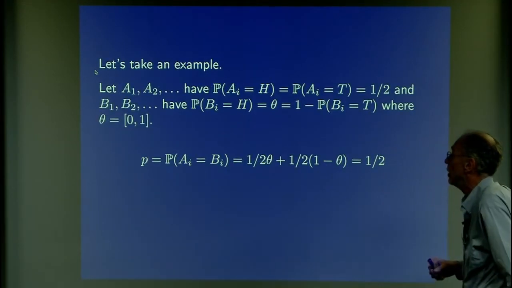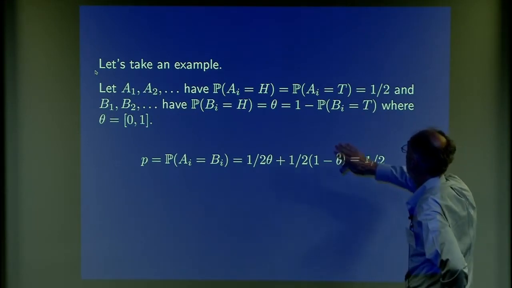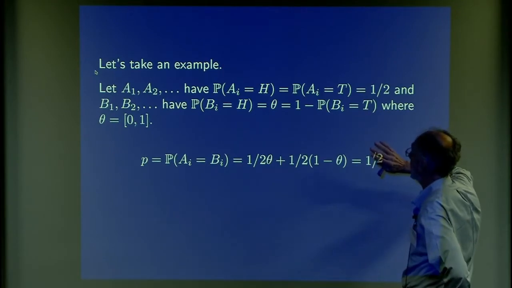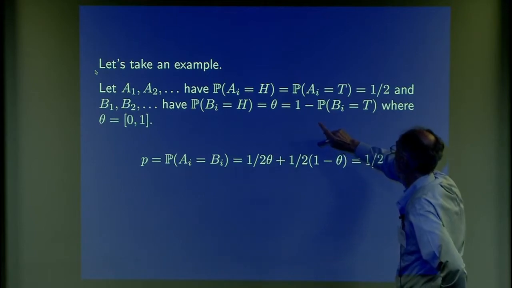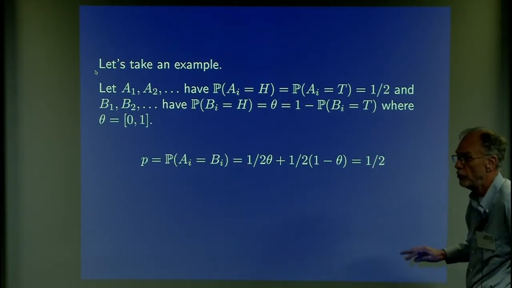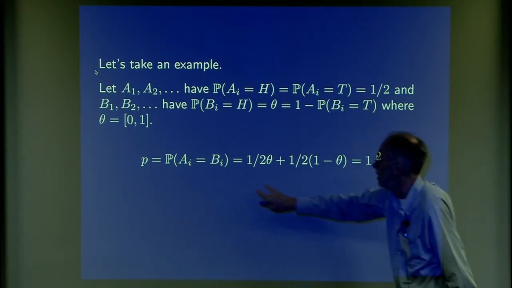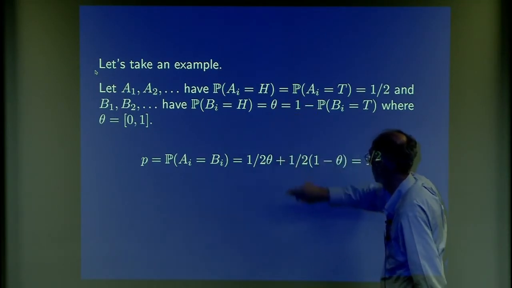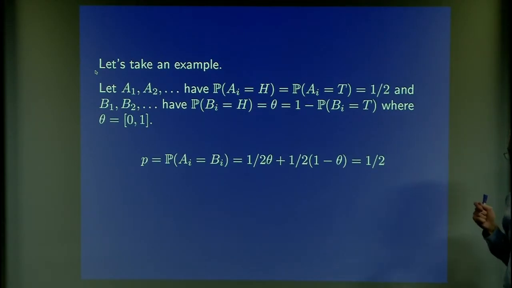So here's an example. The As are heads and tails with probability 1/2, and the Bs are heads with probability theta and tails with probability 1 minus theta. The reason we cooked up this silly example is that the probability that two letters are equal is 1/2 times theta plus 1/2 times 1 minus theta, which you'll see is 1/2.